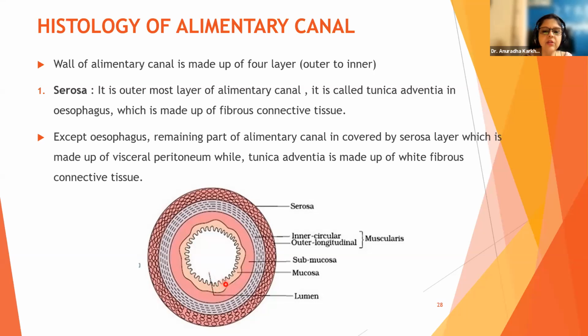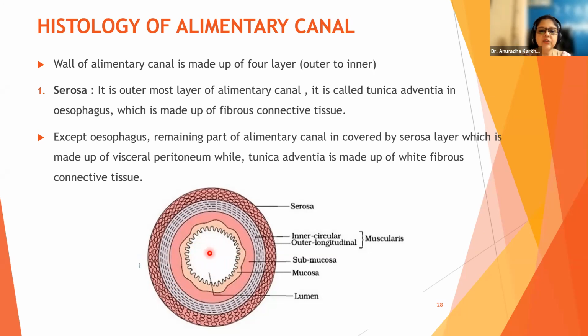And the mucus layer has got these fine, finger-like projections. Can you see them? These are the projections of the mucus layer. Okay, and this particular cavity is going to be called the lumen. So it's the actual hollow part of our alimentary canal.